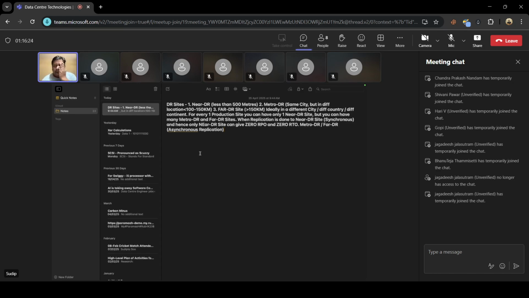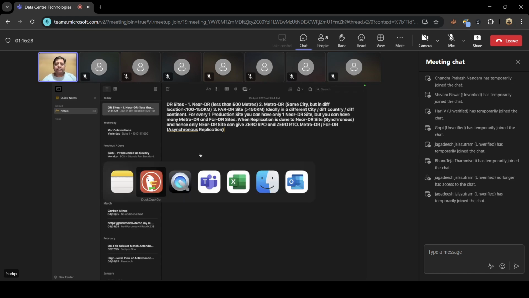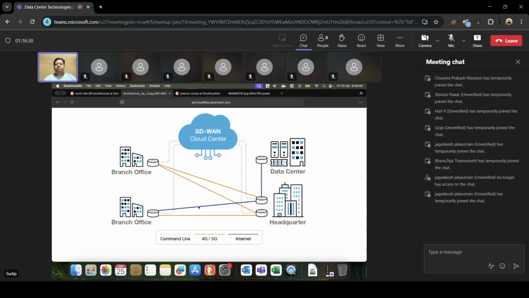So that's how replication is set up, and that is what this diagram is typically telling. If this is the headquarters, which is the production site, the near DR will be in the same campus, just within a few hundred meters, and you can have communication between them.